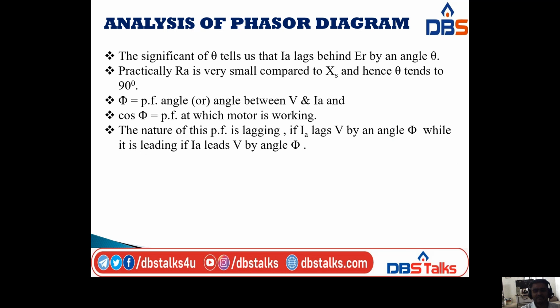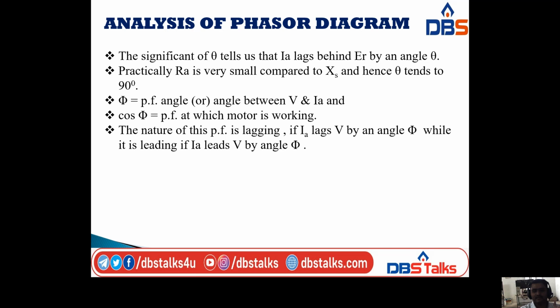The significance of theta is that Ia lags behind ER by an angle theta. Practically Ra is very small compared to Xs, and hence theta tends to 90 degrees.